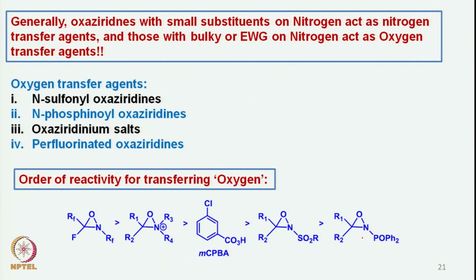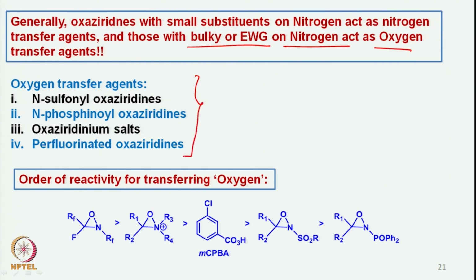Now, as already discussed earlier, oxaziridines with small substituents on nitrogen act as nitrogen transfer reagents, while those with bulky or electron withdrawing groups on nitrogen act as oxygen transfer reagents. So, what are the oxygen transfer reagents?